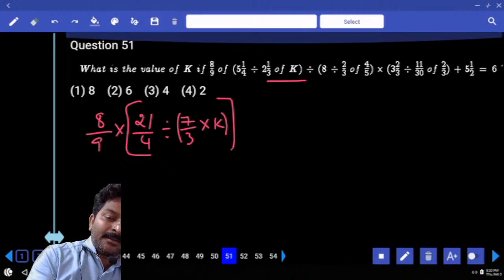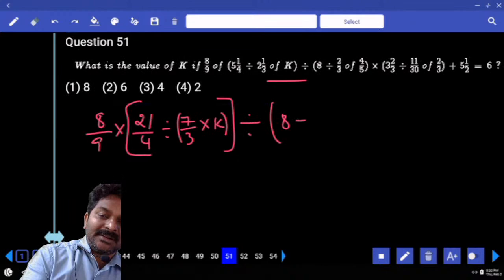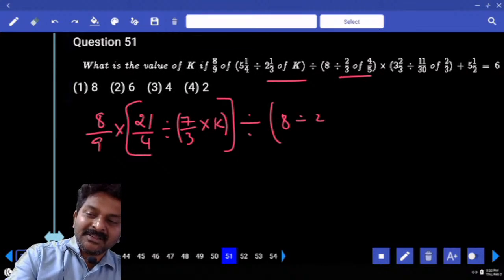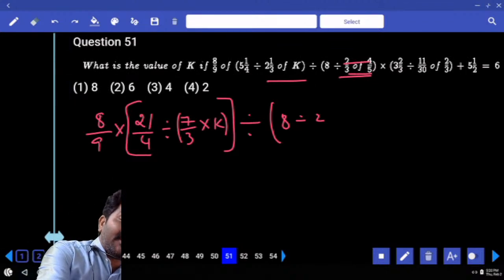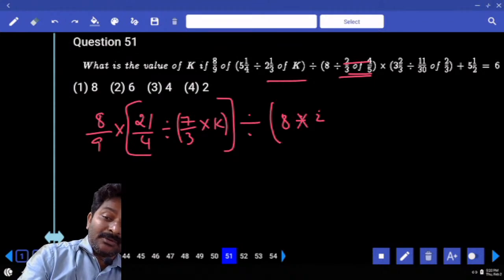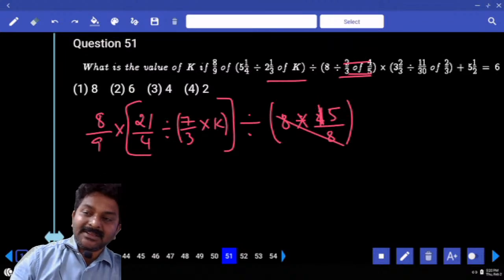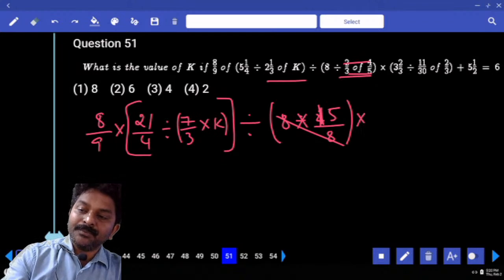Again divided by 8 divided by, let's complete this. Can I write it as 8 by 15? Divided by 8 by 15 can be written as into 15 by 8. 8 gets cancelled and we have 15 here. Yes? Into 3 2 by 3.